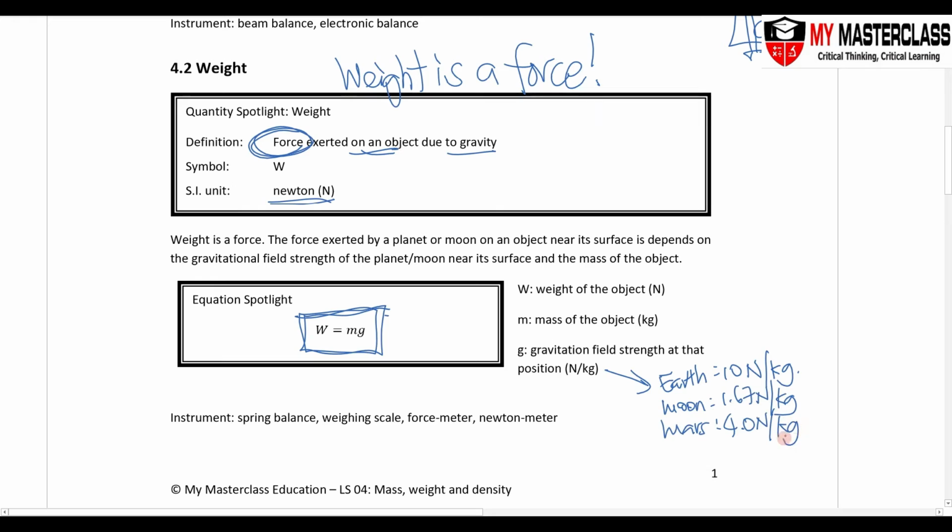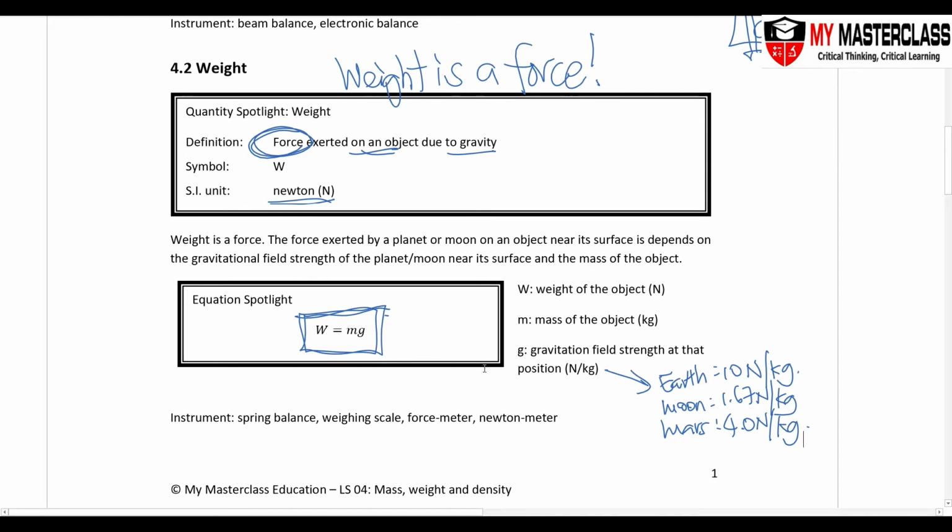All these numbers, of course, you don't need to memorize, but just take note that every single planet has a different number. And once that number is set, the number will stay with the planet. So no matter how much mass there is, for Earth the gravitational field strength will always be 10. And if you take that object to the moon, the G will be 1.67.